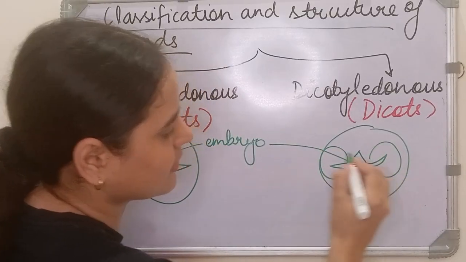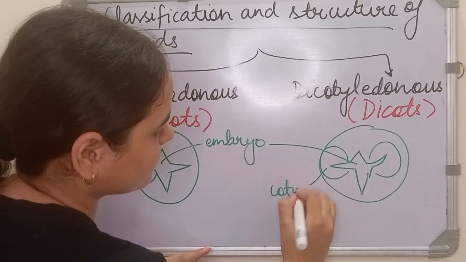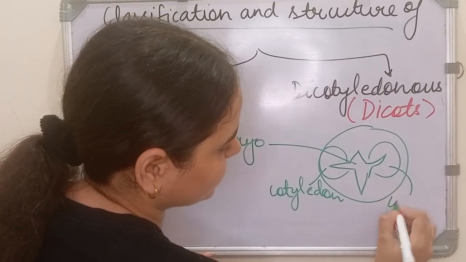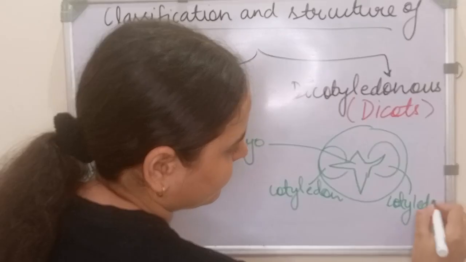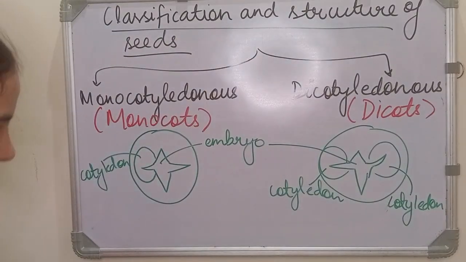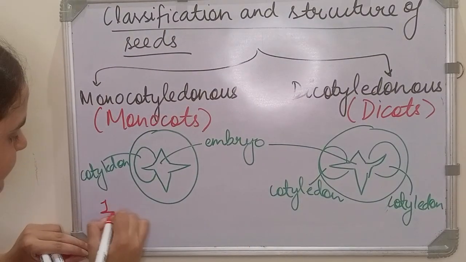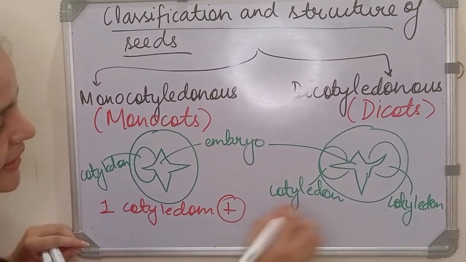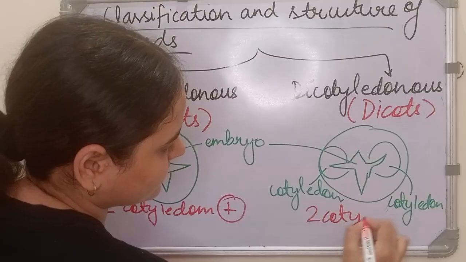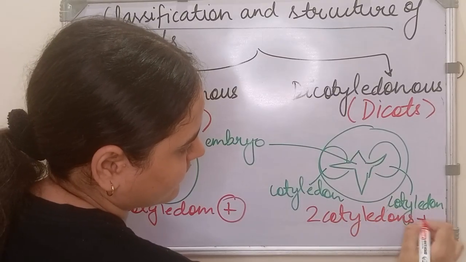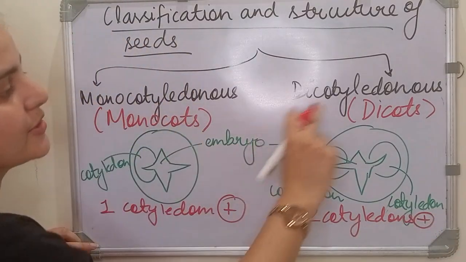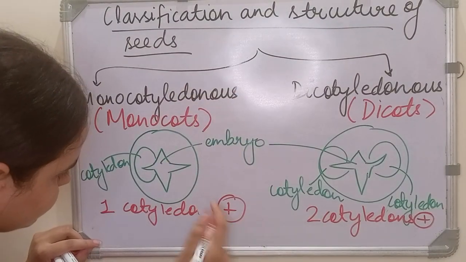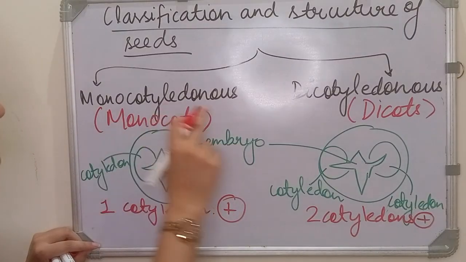Here this is one cotyledon, and here it is another cotyledon. So we note this. Here only one cotyledon is present. Here two cotyledons are present. Where two cotyledons are present, that is known as dicots, and where only one cotyledon is present, that is known as monocots.